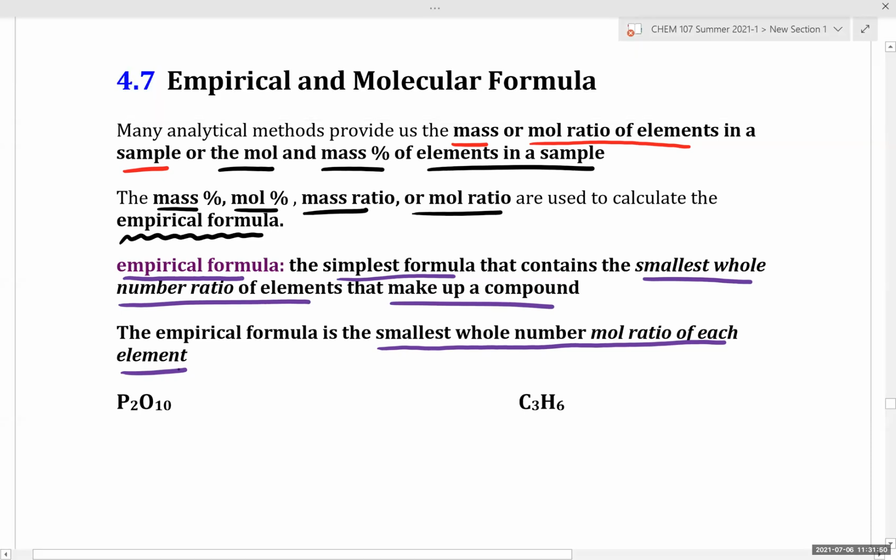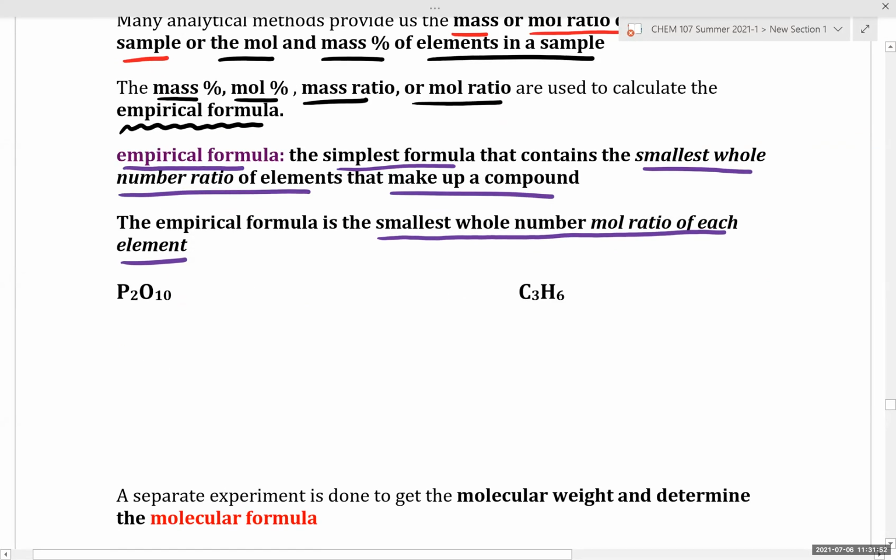So to give you an example of how we can convert, for example, a long-form molecular formula into an empirical formula, let's look at these two examples. For P2O10, we have 10 moles of oxygen for every 2 moles of phosphorus. Now, we can simplify this 10:2 ratio.